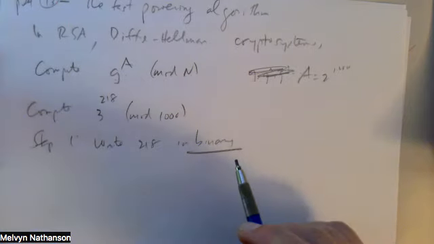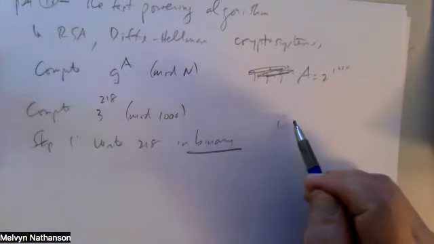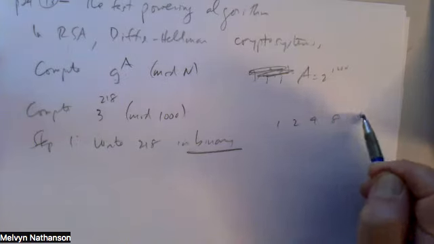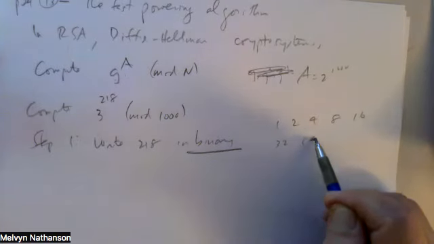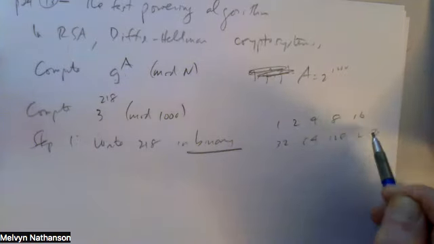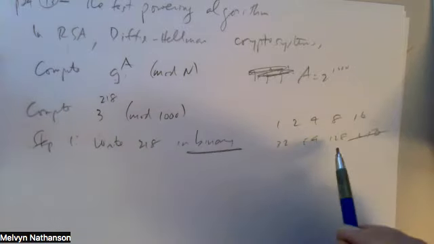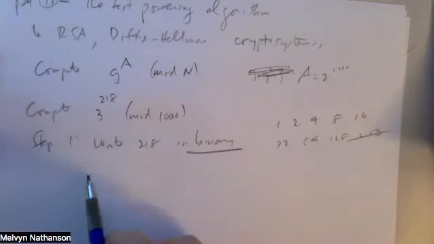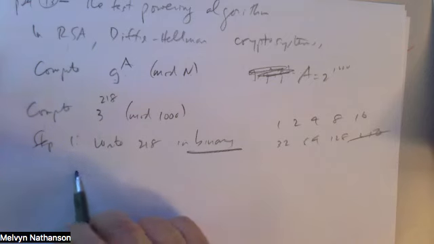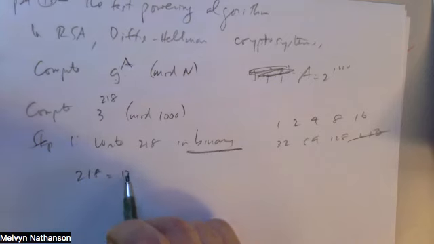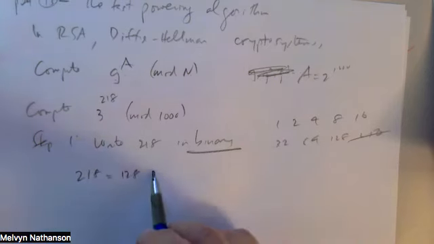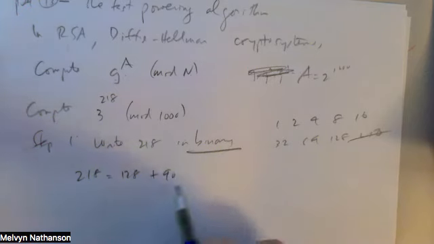So let's see, what are the powers of 2? 1, 2, 4, 8, 16, 32, 64, 128, 256. 256 is too big, so let me do it by hand. 218 is 128 plus 90.